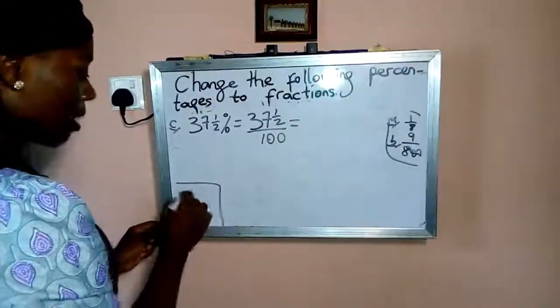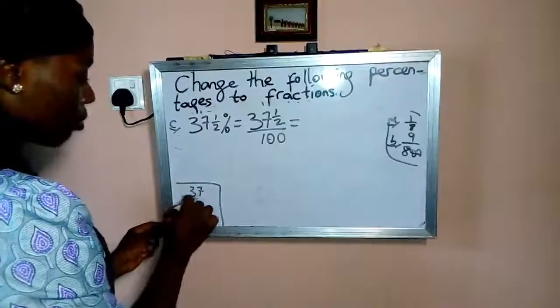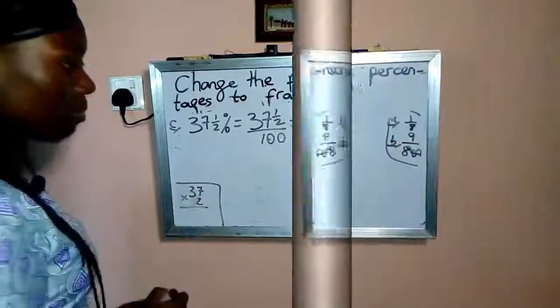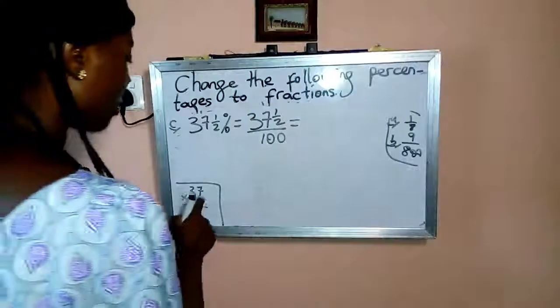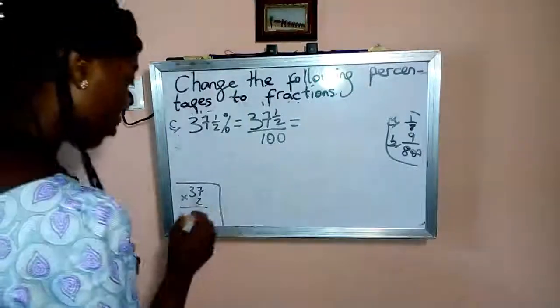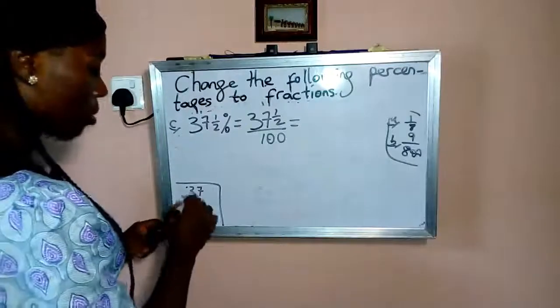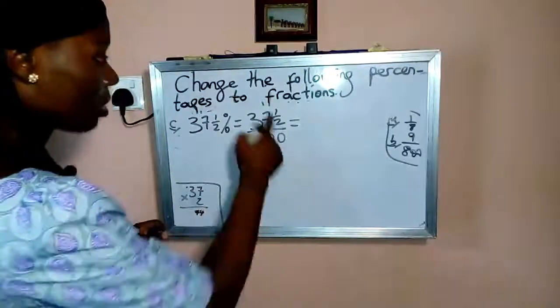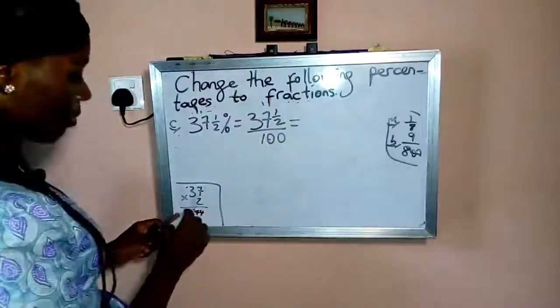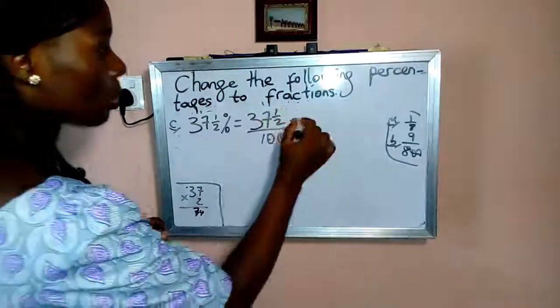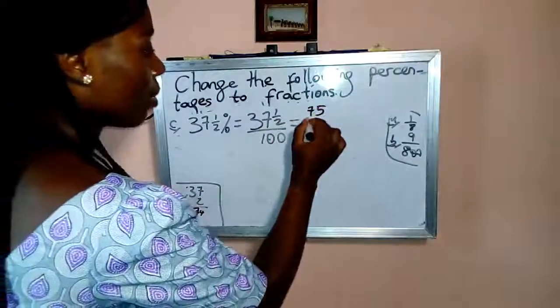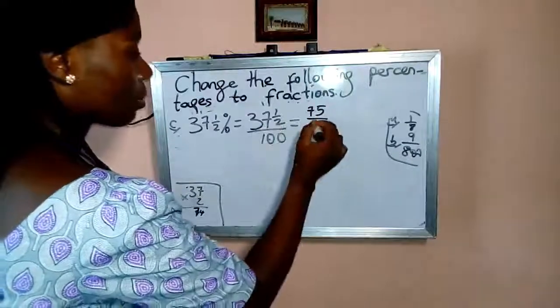Let's do it at the side here. I have 37 times 2. 2 times 7 will give us 14. If I put my 4 down and I carry 1, 3 times 2 gives us 6 plus my 1, 7. So 74 is what we have. 74 plus 1 will give us 75 over 2.